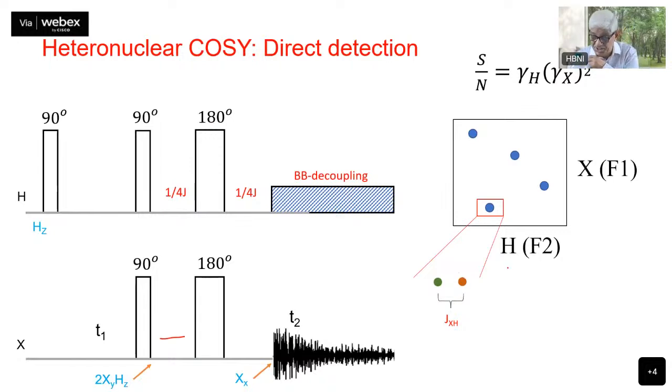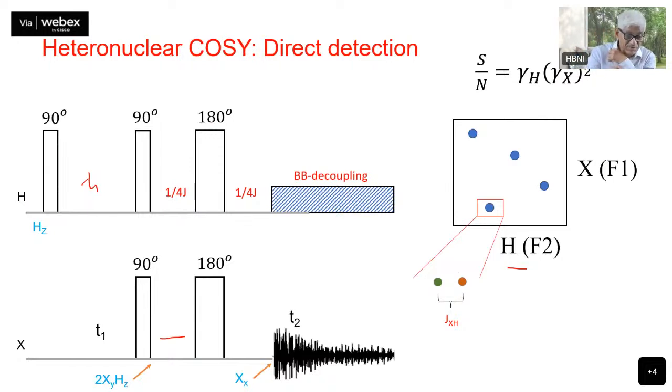H, okay, sorry, H is here. H is F2. X is, sorry, okay, here it is, this is F1, okay, this is T1 here. So, that's a mistake. This slide has a mistake.